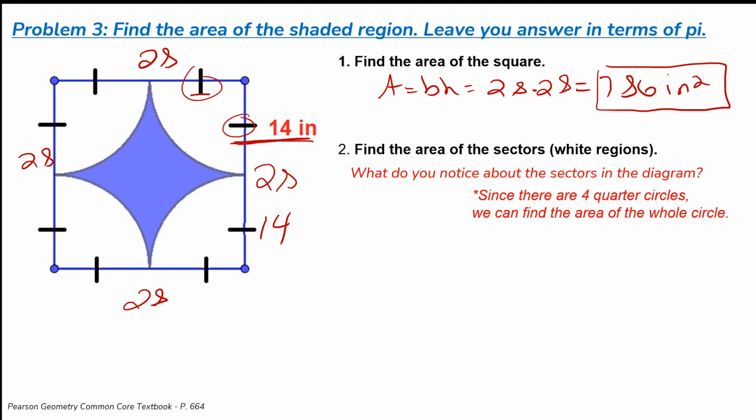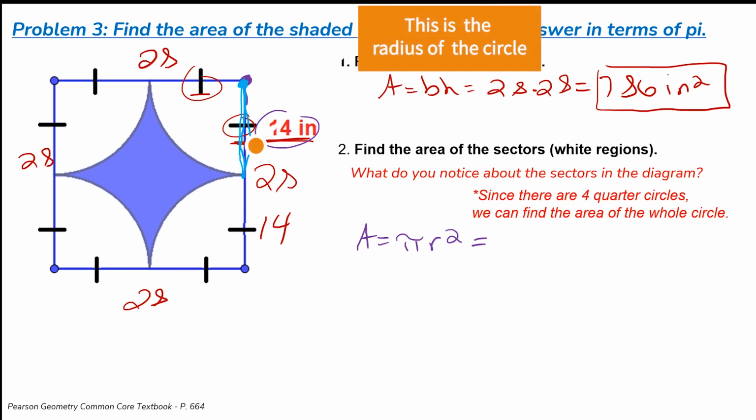And remember, the formula for the area of a circle is area equals pi r squared. And so what is r? r would be 14. How did I get 14? Because if we have this edge here, and this would go from the edge to another side, the edge here would be like the center of the circle, right?